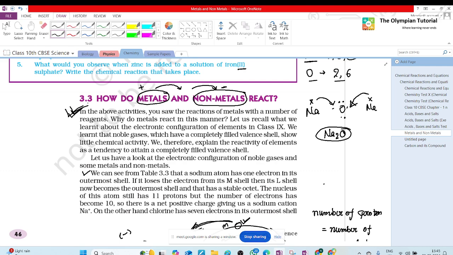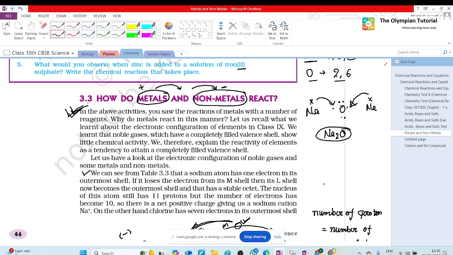Let us have a look at the electronic configuration of noble gases and some metals and nonmetals. We can see from table 3.3 that a sodium atom has one electron in its outermost shell. If it loses the electron from its M shell, then its L shell becomes the outermost shell that has a stable octet. The nucleus of this atom still has 11 protons, but the number of electrons has become 10. So there is a net positive charge giving us a sodium cation Na+.